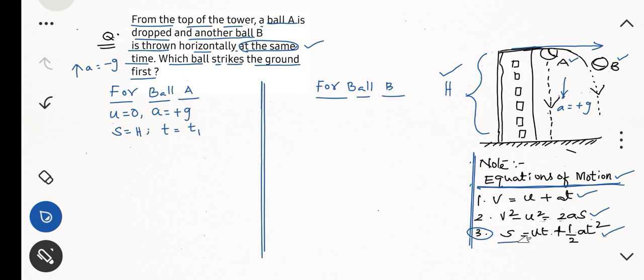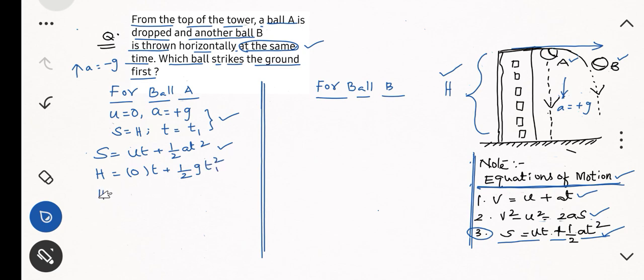We will take this expression s is equal to ut plus half at square, and we will substitute these values in this expression. We get s is equal to h, u is equal to 0 into t, plus a is equal to plus g, so half g into t1 square.